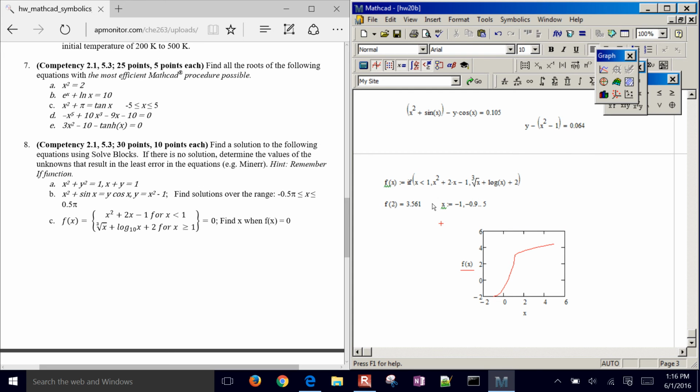I'm going to see this kind of switch over from one function to the other. Okay, so what we want to do is solve this, find out where this equals 0. So you can see right there, you could kind of graphically pick it out, but let's go ahead and solve this with the find, in the given block.